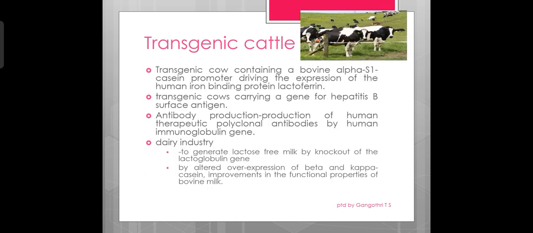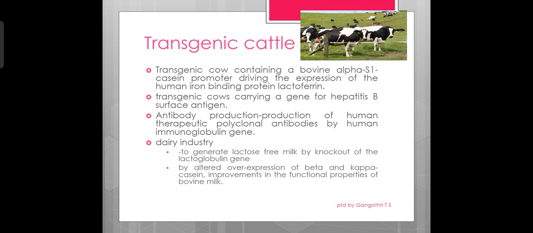Transgenic cattle. The transgenic cattle, that is cow, containing a bovine alpha S1 casein promoter. So here the oocytes obtained from the ovaries of the slaughterhouse cows were cultured and fertilized in vitro.